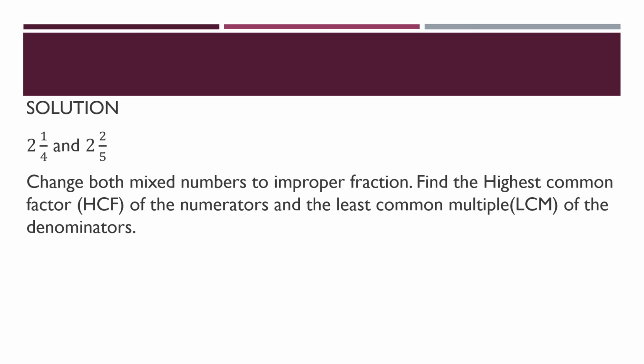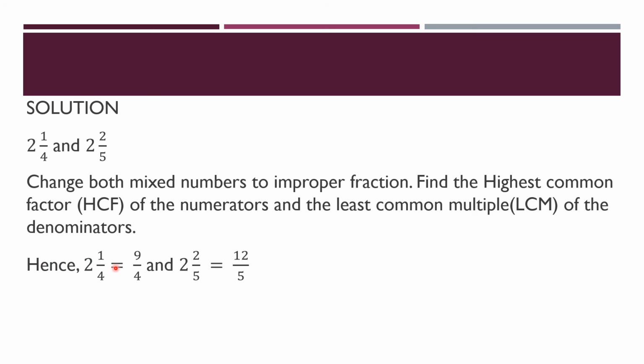I will change both to improper fractions, that is the first thing. Then for the numerators, I'm going to look for their highest common factor, and for the denominators, I'm going to look for their least common multiple. So my first fraction is 2 and 1/4.